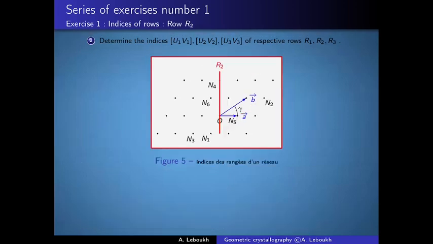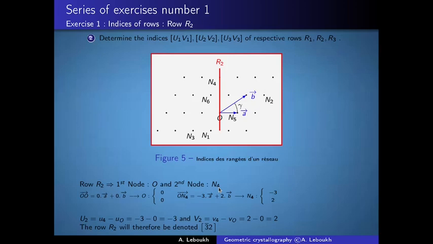If we want to determine the indices U2, V2 for the row R2, we make the same work, and by taking first node O and second node N4, we find that U2 equals minus 3 and V2 equals 2.